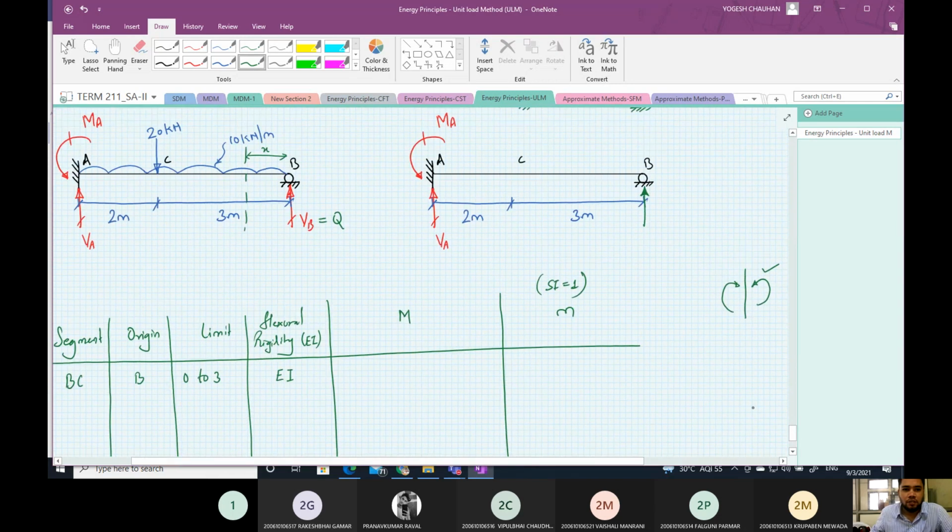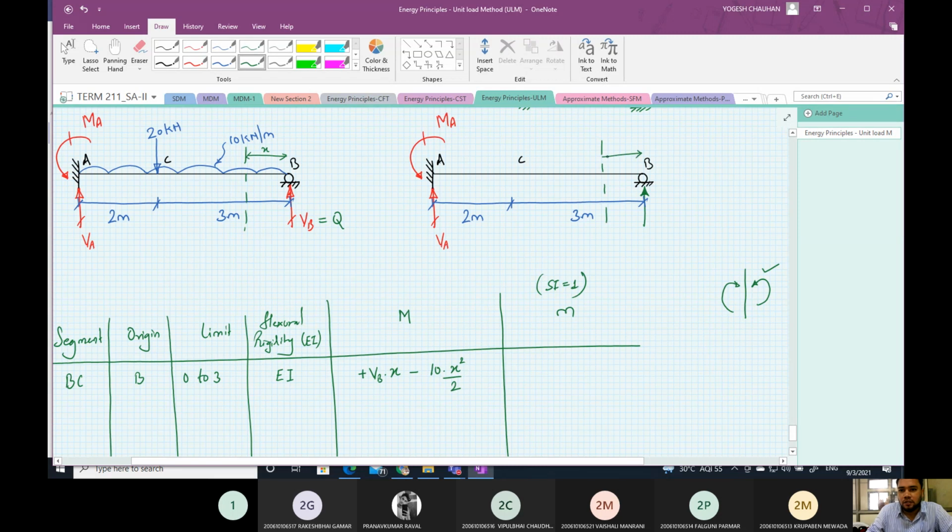Now this VB will cause anti-clockwise moment about right of the section, so it will be plus VB into x. Then this UDL will cause clockwise moment about right of the section, so minus 10 into x square by 2. And now for small m, we'll refer to this diagram.